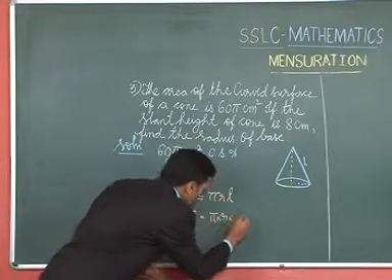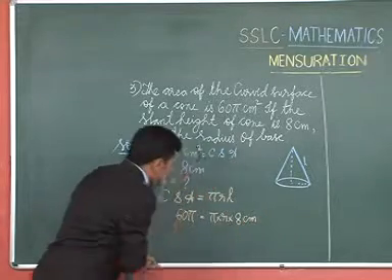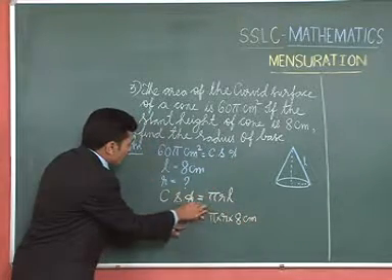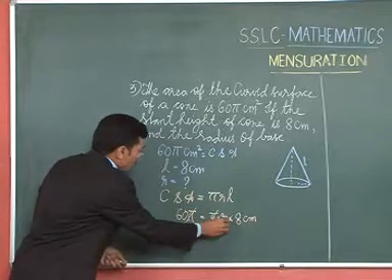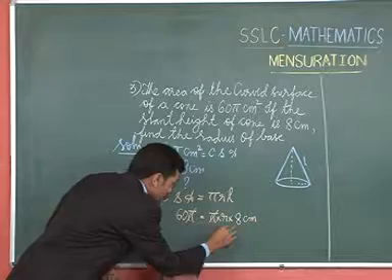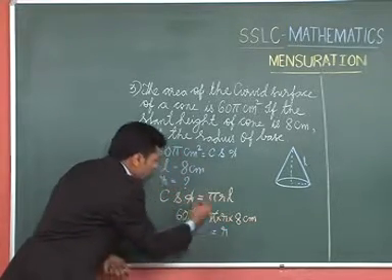So write it down, L is equal to 8 centimeter. Now this pi and this pi get cancelled. Now keep this r on one side and bring the other quantities to the other side.